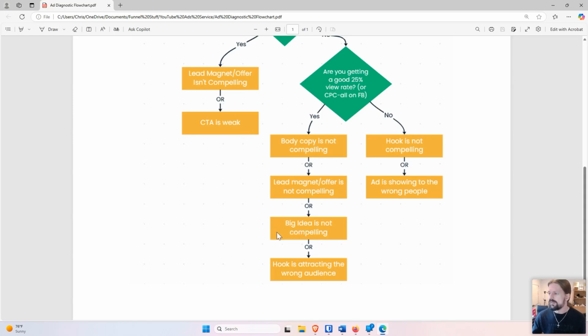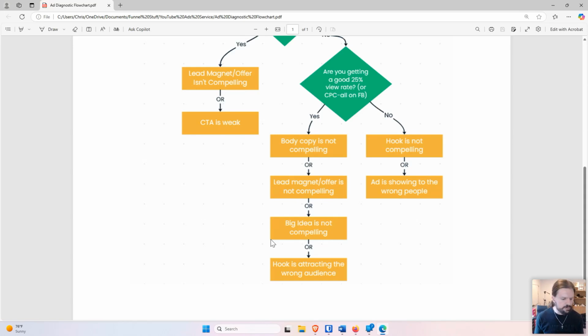Okay, another possible problem here is that your big idea is not compelling. I could use the flow chart: there are a million different reasons that your ads are potentially not working.